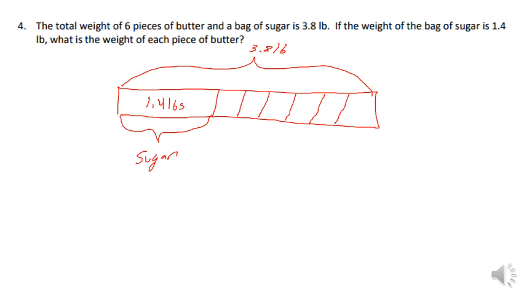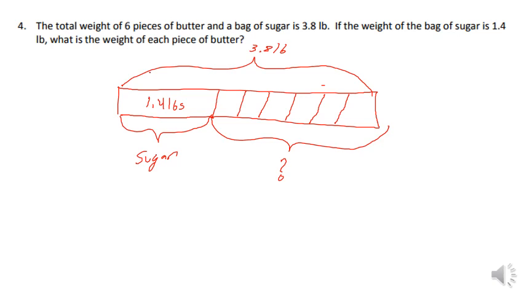And they're saying that the total butter, this total amount of butter right here, is, oh, they're not giving it to us yet. That's what we've got to solve. Well, we can see this is a 2-part problem, because they want to know what the weight of each butter is.